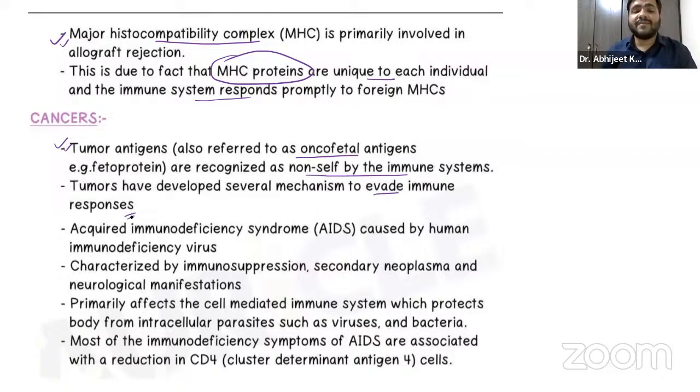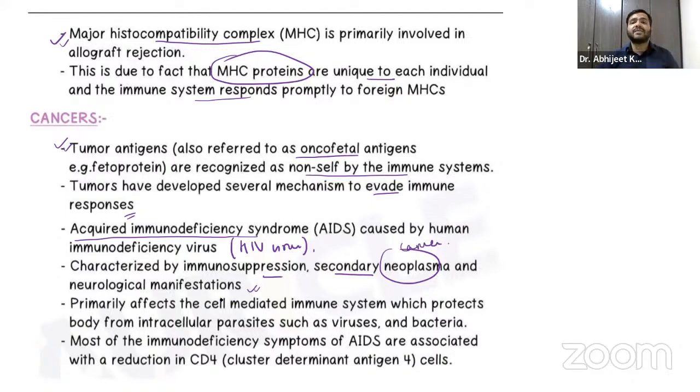For example, the very first one that you already know is acquired immunodeficiency syndrome, AIDS, which is caused by the immunodeficiency virus, the HIV virus, guys. It is characterized by immune suppression, secondary neoplasm, the cancer, and neurological manifestation.